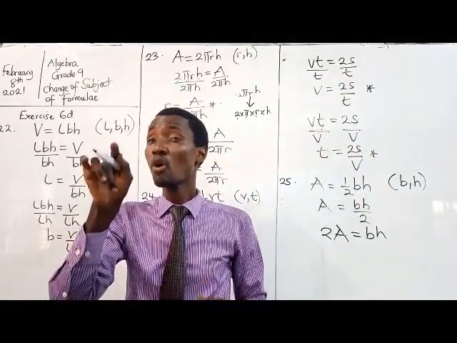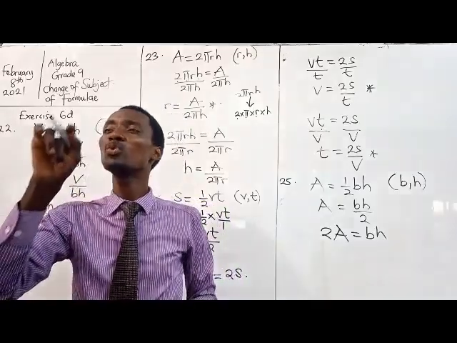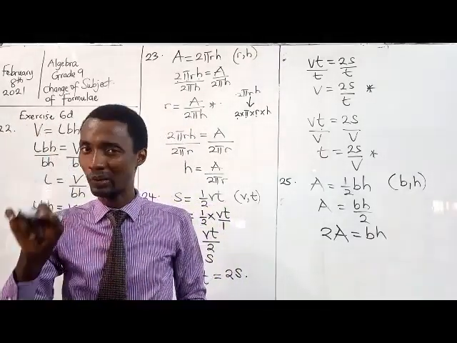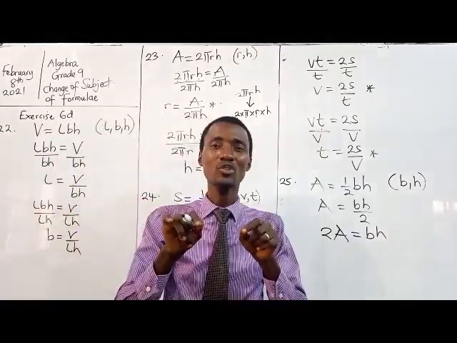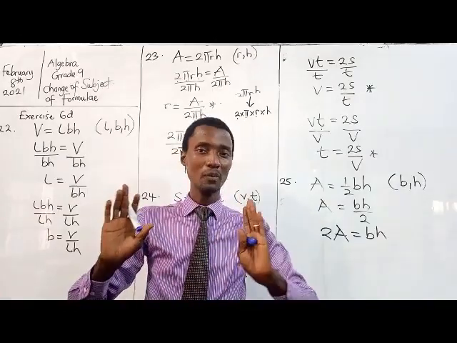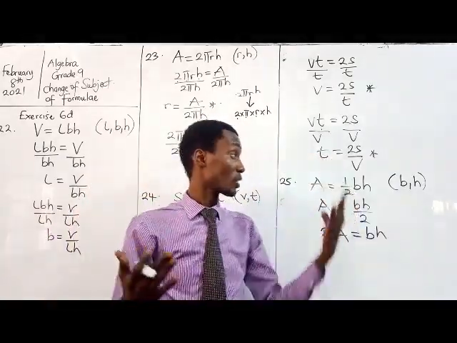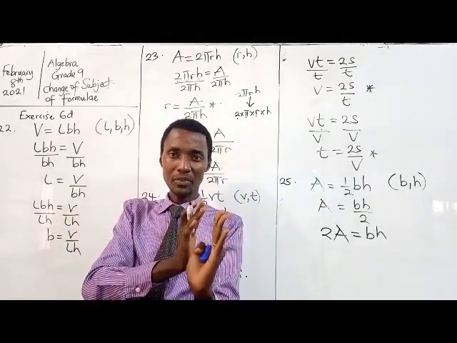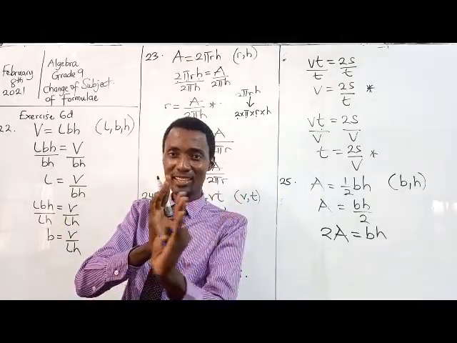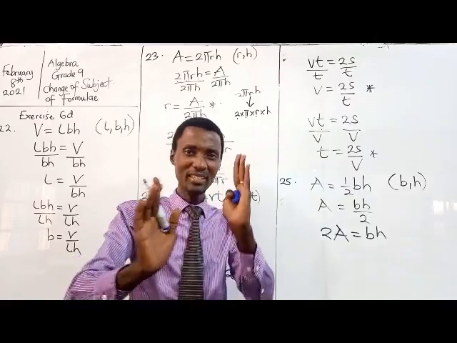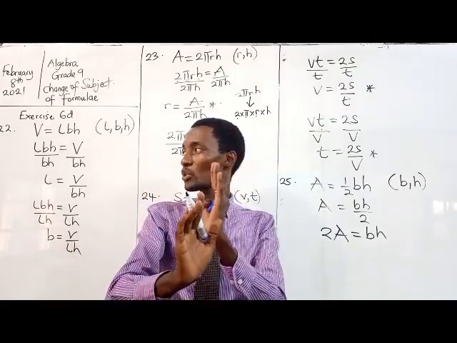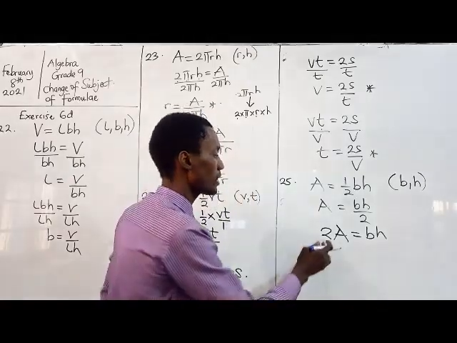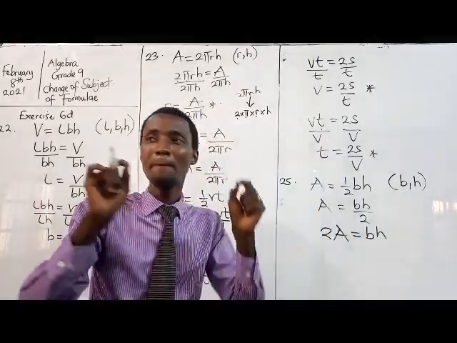Sometimes in maths, because I cannot tell how you would remember in the examination hall, it will not be nice for me to say you must always follow like this. No, sometimes I haven't talked about the rules. I also try to teach you how you can bend them, bend reality a little, and then bring reality back to full. So that being said, it means that 2A will be equal to what?